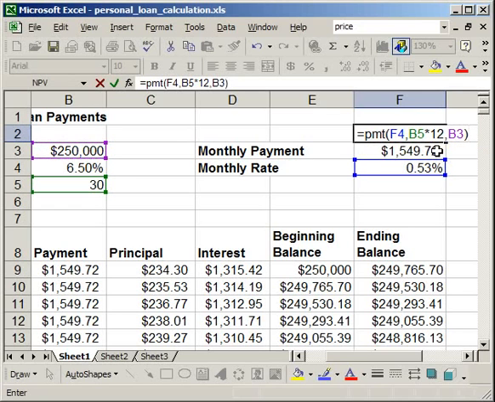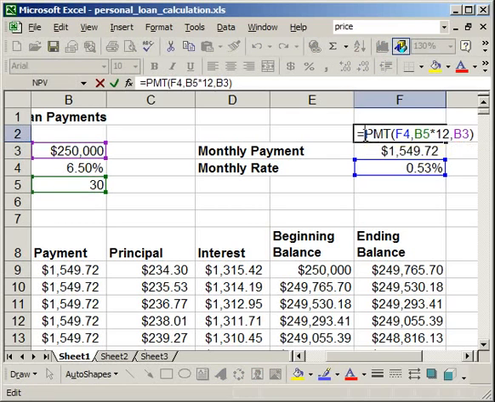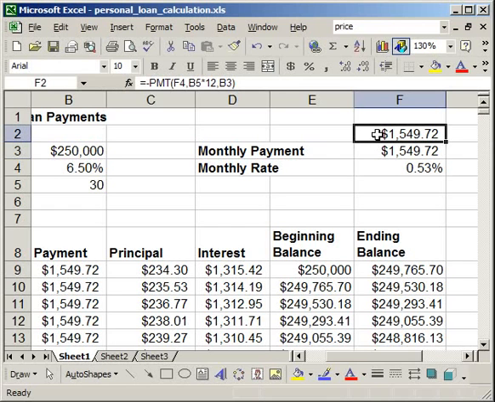Close parentheses, hit enter. You're going to get red because you're paying $1,549.72. So it comes out of your pocket. So if you want to take that off, if you want to look like it does down here, simply right before the PMT function, put a minus sign in there. Hit enter, and it's going to look like that.